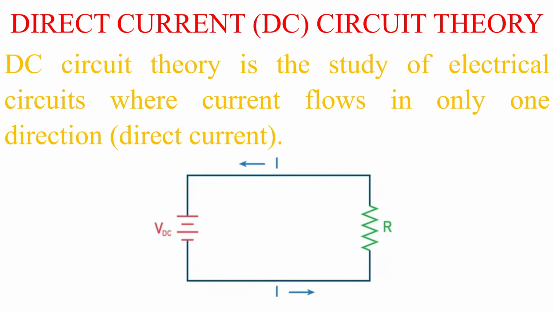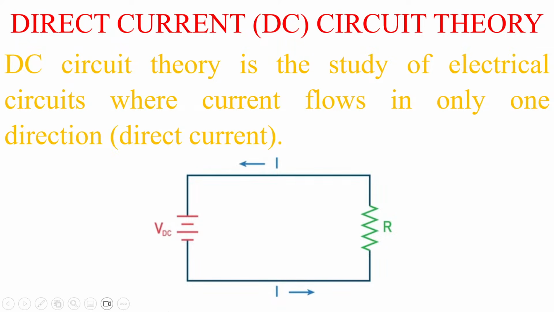What is DC circuit theory? DC circuit theory is the study of electrical circuits where current flows in only one direction. So you can see your electrical circuit and you can see the direction of current flow.